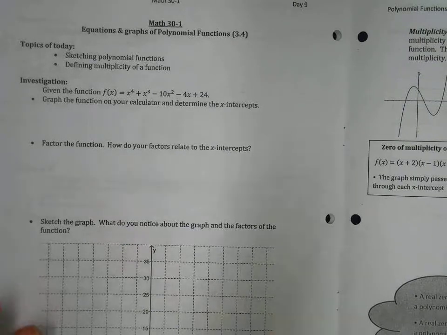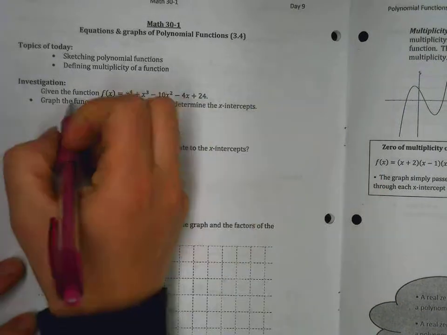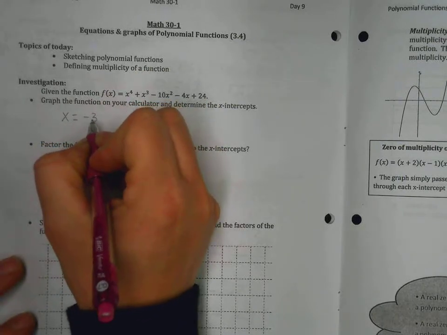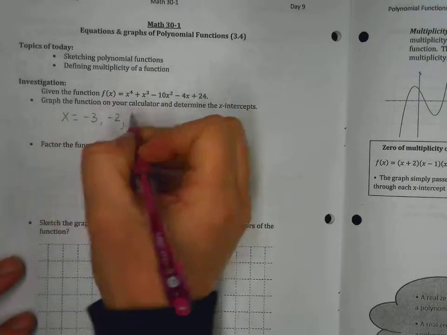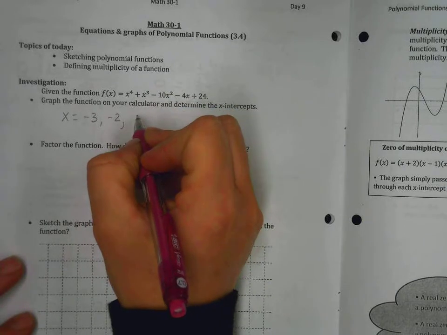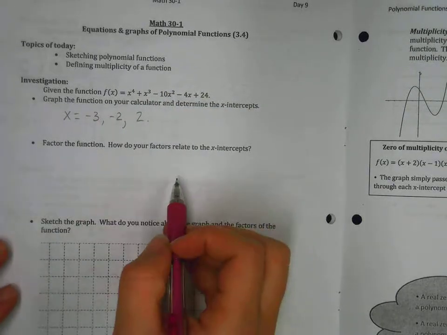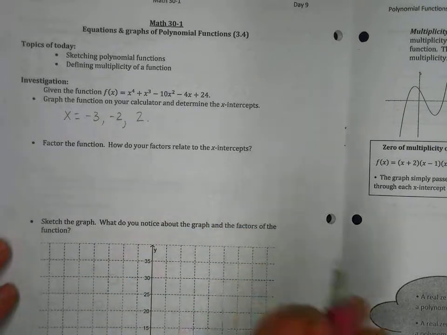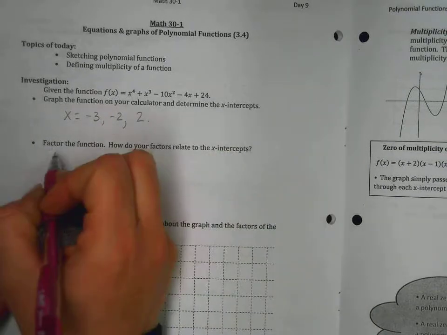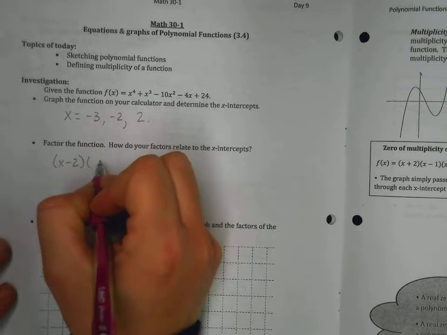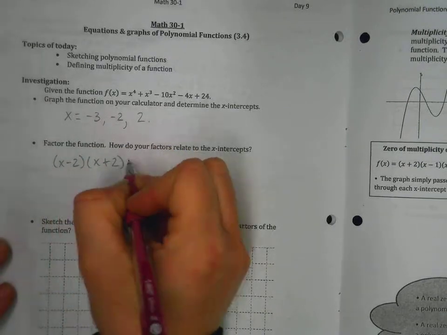So when we graph this and find the x-intercepts, we get x-intercepts of the following: -3, -2, and +2. So if we were to factor this function, I'm not going to factor the entire thing, but after we factored it, we get factors of the following.